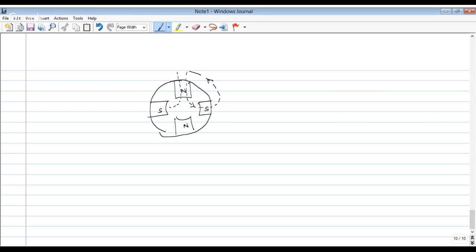With the other south pole also it will interact like this. It will go out from the north pole and then go into the south pole. Similarly, this north pole will do the same, and it will come out of the south.